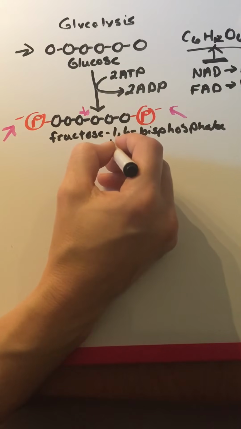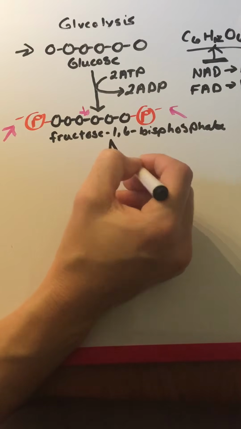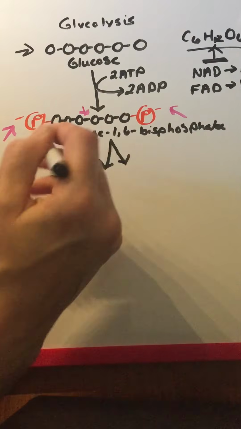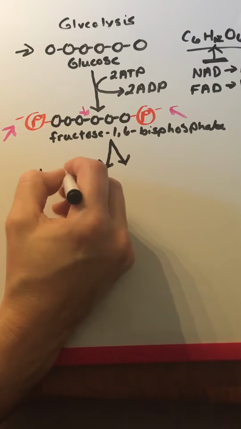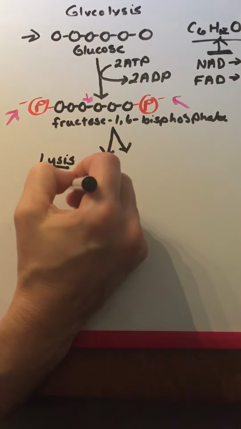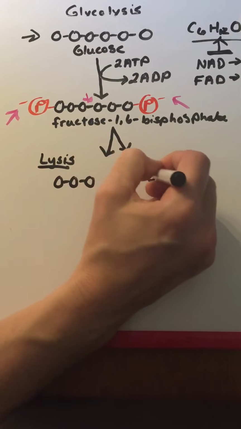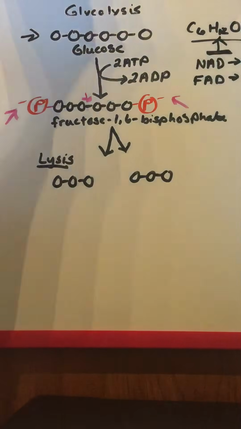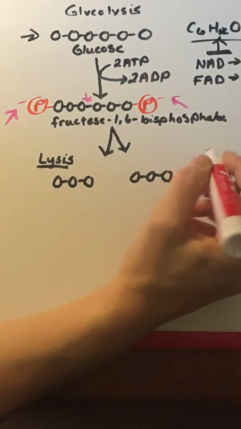So the next phase, we end up with lysis. And the lysis will yield 2 3-carbon molecules that are phosphorylated.